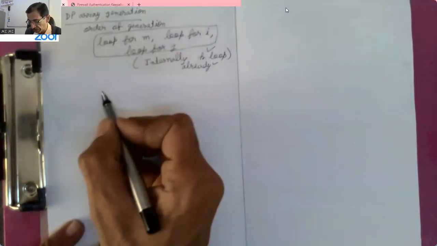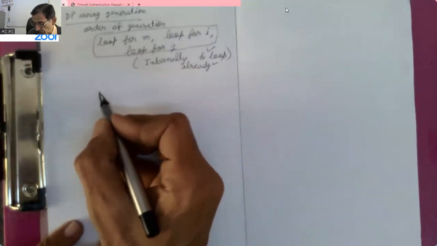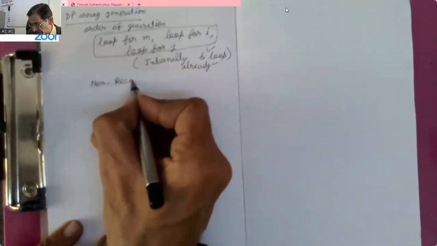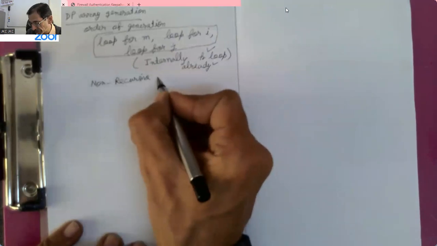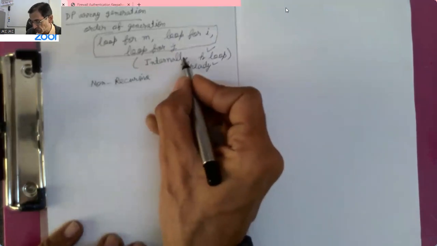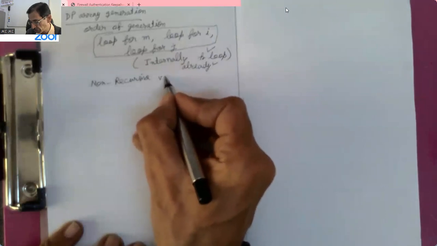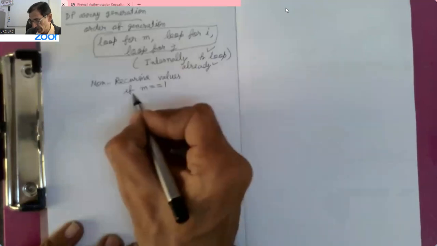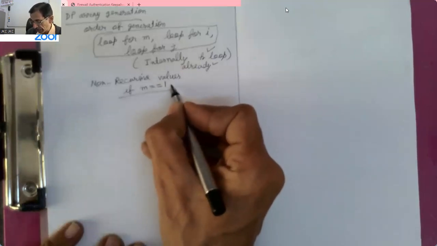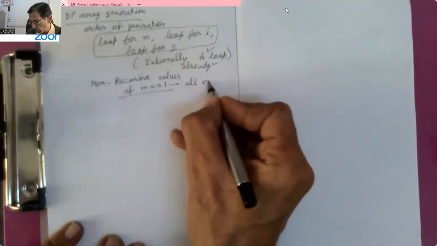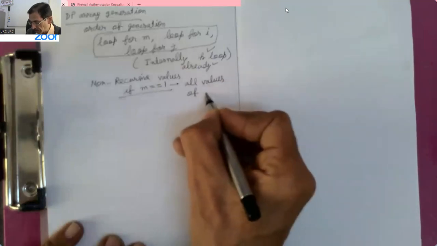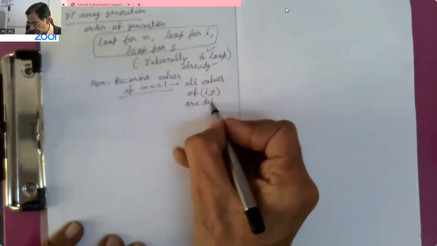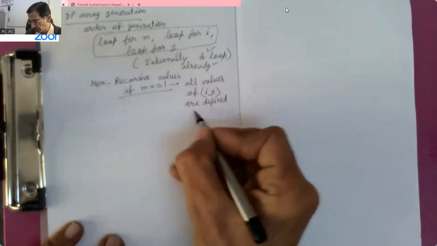The DP will require these three loops instead of the recursive call. In which order should they be written in my coding? That answer will come from what my non-recursive value is, which gets defined, because that gets its value without anything further to be calculated. So the non-recursive values, we could easily see, are for m equal to 1. That means for every m equal to 1, all values of the ij pair are defined without any problem, not to be calculated.